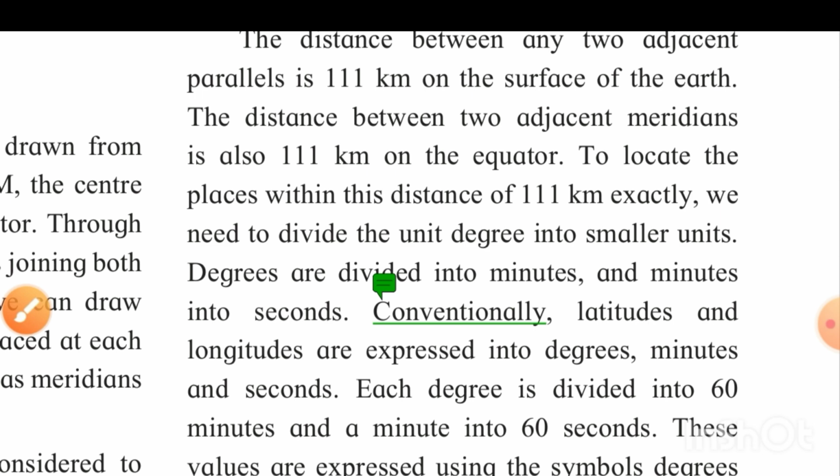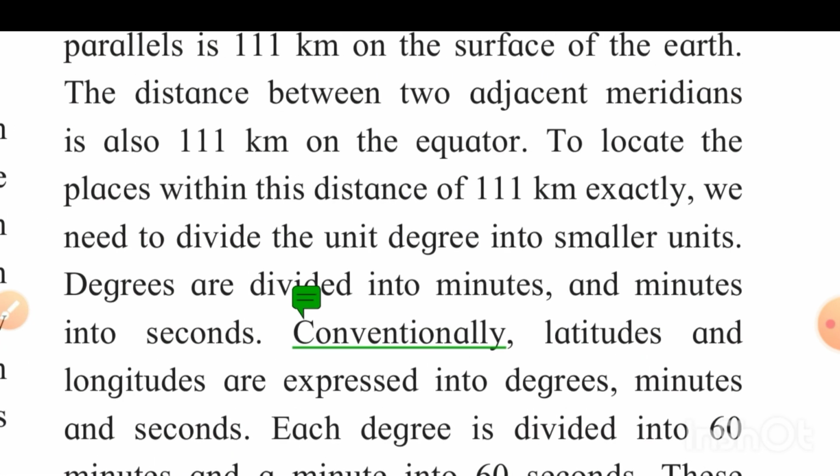To locate places exactly within this distance of 111 kilometers, we need to divide the unit degree into smaller units. 111 kilometers is not easy to locate, so to make it easier, we divide the unit degree into smaller units.